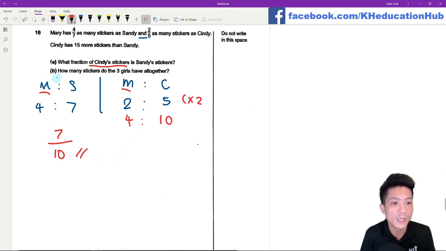Part B. How many stickers do the 3 girls have altogether? Okay, Cindy has 15 more stickers than Sandy.